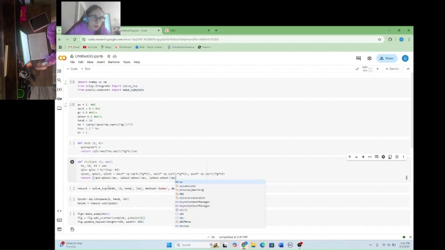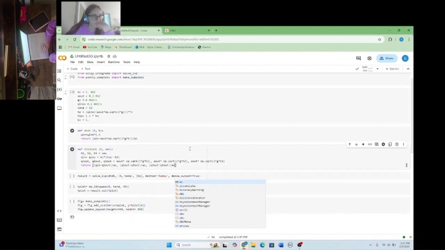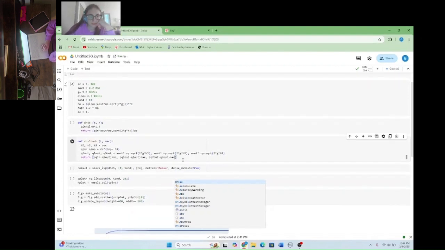Okay, so just to check again, the first one we have going into the tank is Q in, and the second one is Q1 out, and then Q1 out goes into tank 2, which has a Q2 out, and then Q2 out is flowing into tank 3, and then you have a Q3 out. All of them are divided by the cross-sectional area of each tank. Okay, that looks good to me.